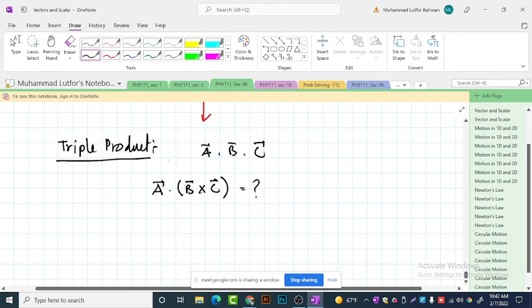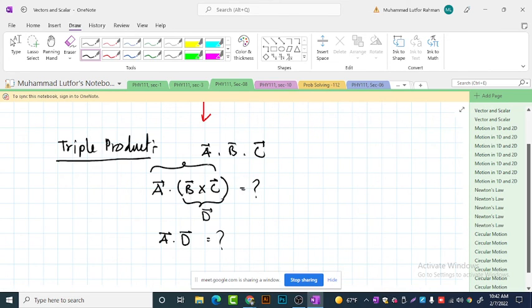Say, if this parenthesis I replace by a new vector, say d, then I can write this one as a dot d. Is it a vector or a scalar? It's a scalar. So ultimately a dot b cross c will give me a scalar. It's a scalar product. Final quantity would be scalar product.